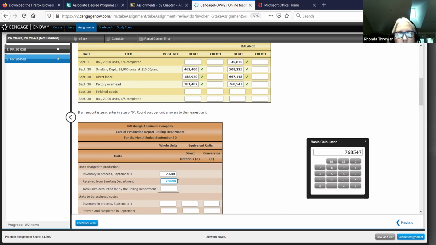So what you have to do now is determine the total units that were going to be accounted for by the rolling department. And that would be your beginning inventory units plus those materials that you received from the smelting department. So we're going to combine both of these together to get the total units that we have to account for during this period of time.